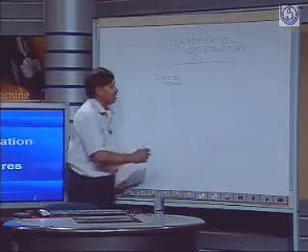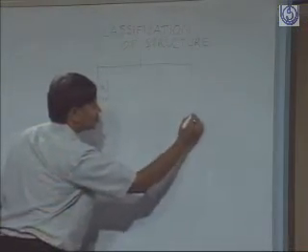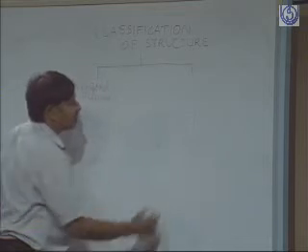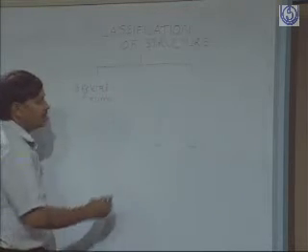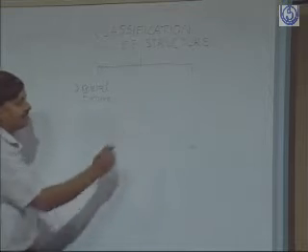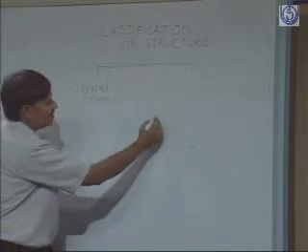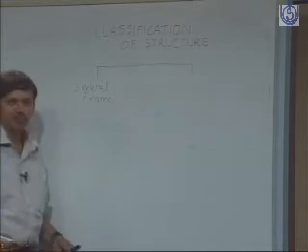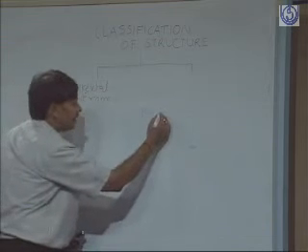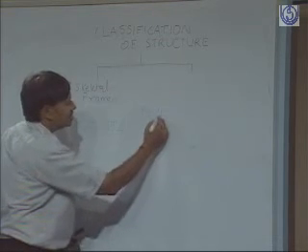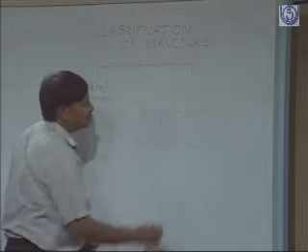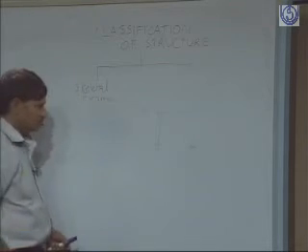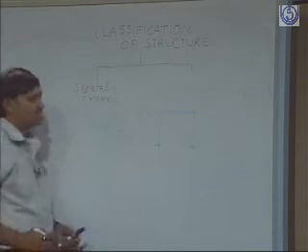Say this is a frame and you are applying a load in this direction. Since it is a rigid frame, any cross section is welded at this point and again welded at this point, so it can withstand this load.